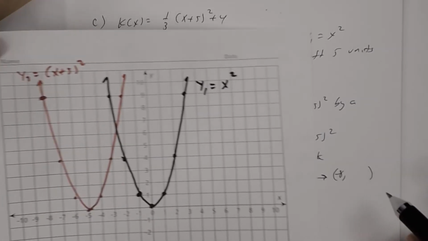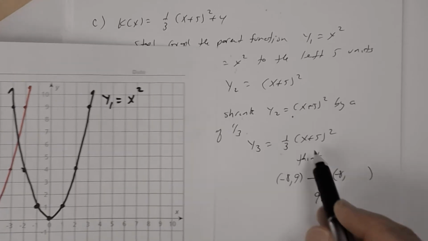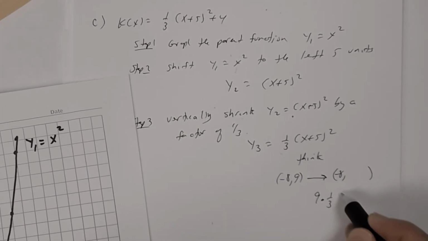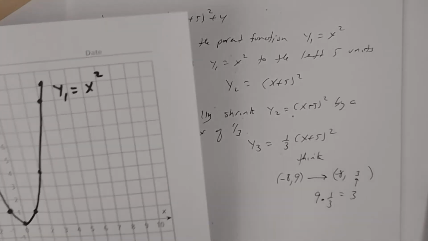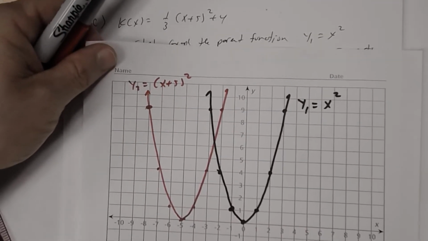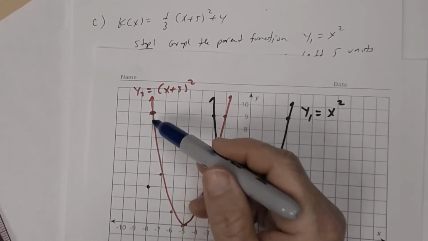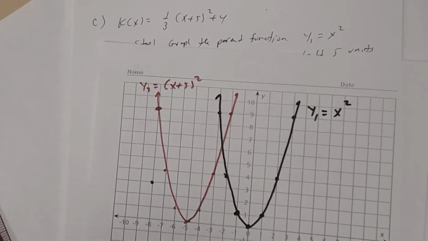But to get the new y value, you take this y value, which is 9, and multiply by our factor, 1/3. Well, 9 times 1/3 is 3, so I'm going to put the point (-8, 3) here. It makes sense, because this distance here is 9, so if I take 1/3 of it, I get 3 units.